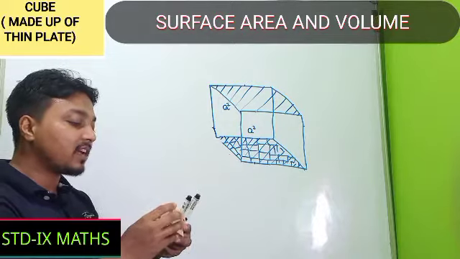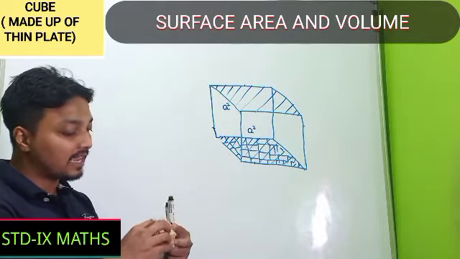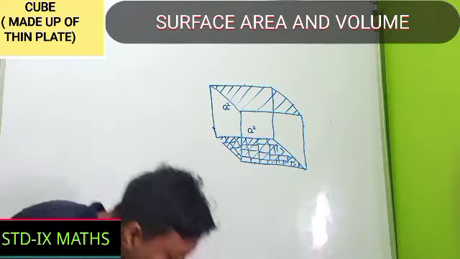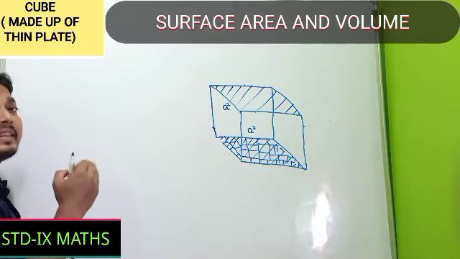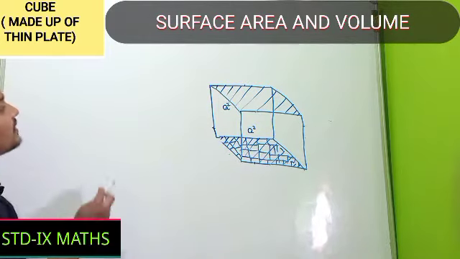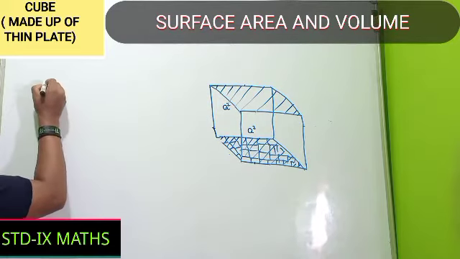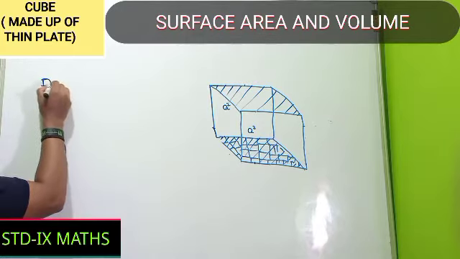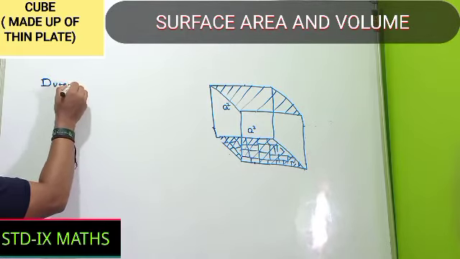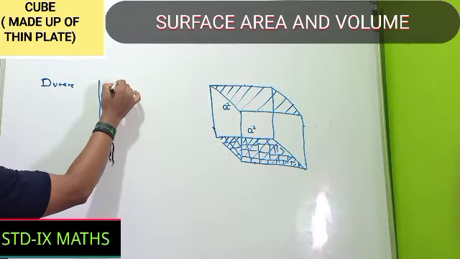So in the case of this type of cubical structure where the width of the plate is very negligible, otherwise a thin plate, you will find two types of structure: one is inner, another is outer. Left side I am writing outer, right side I am writing inner.